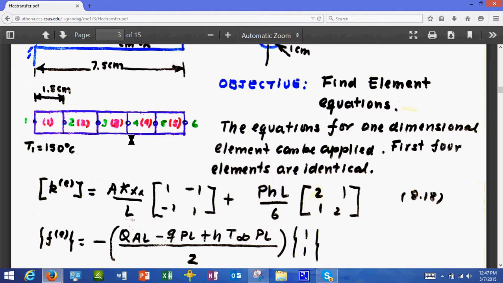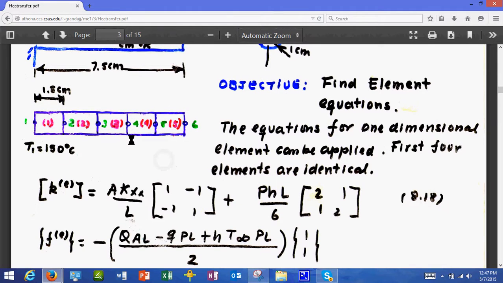The first 4 elements are of course identical, because we have this. Let me see if I can use this. Okay, so here you have the first 4 elements.